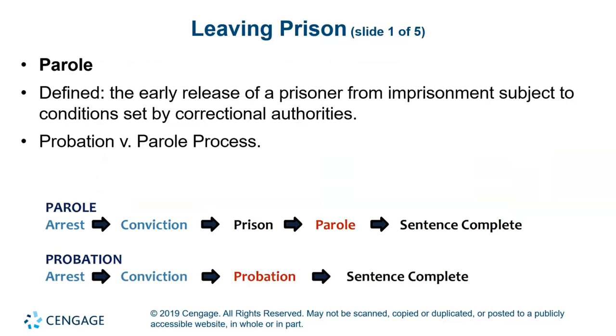So let's talk a little bit more about some of the population trends, and then we'll finish up with leaving prison. There are now indications that after decades of growth, the prison population may be on the decline. The crime rate drop in some states, coupled with alternatives to incarceration, have at least stabilized the prison population. Convicted criminals are receiving shorter prison sentences than they were several years ago.